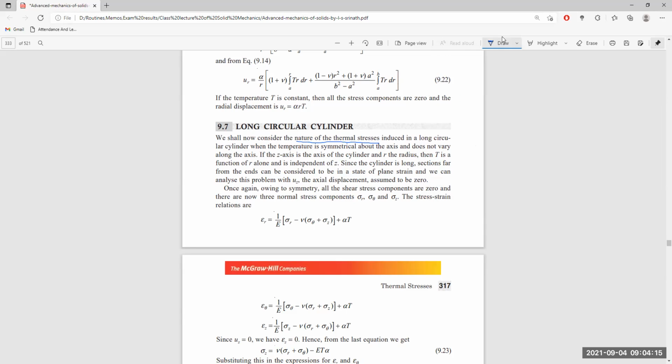When the temperature is symmetrical about the axis, it means that for any cylindrical object there is an axis, and the temperature varies uniformly on all sides of the longitudinal axis.